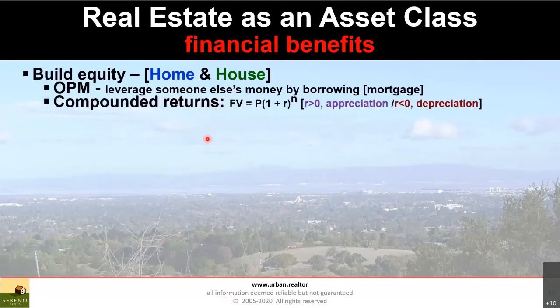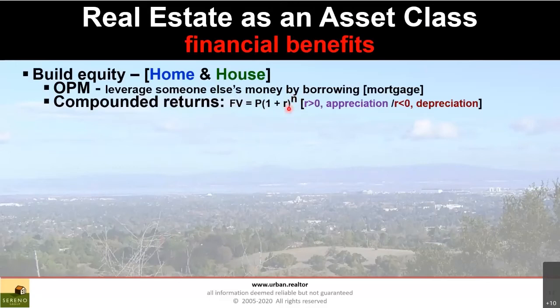And when we have the long-term cumulative appreciation over the years, as we discussed earlier, the future value of your investment is equal to the principal, the purchase price, plus the rate of appreciation. Because it's a long-term investment, N stands for the number of years of ownership.